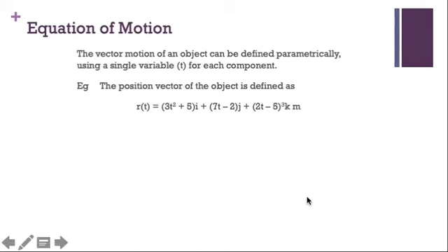The thing we just need to remember is, if we do have a 3D vector, think about what this would look like parametrically. So we know our x components come from i, our y comes from j, and our z comes from k.